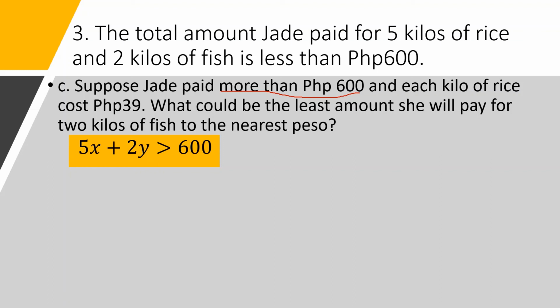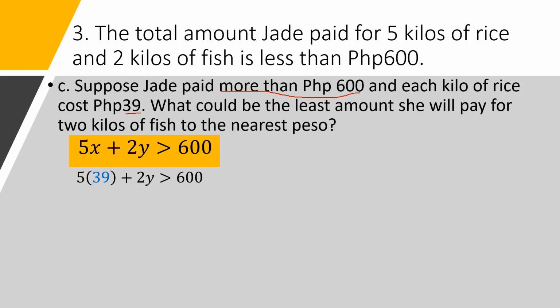Now, the amount of rice per kilogram is 39 pesos. So we will substitute 39 to the variable x. So we have 5 times 39 plus 2y is greater than 600.